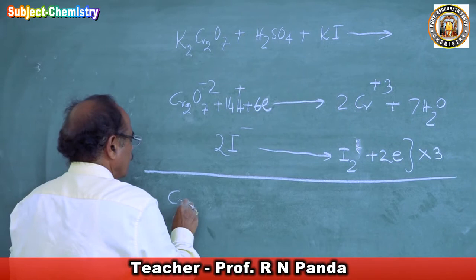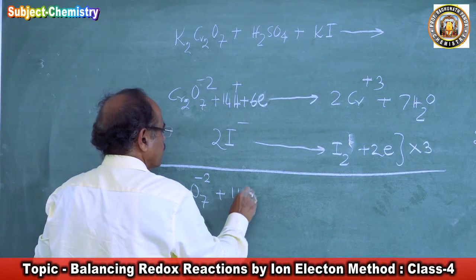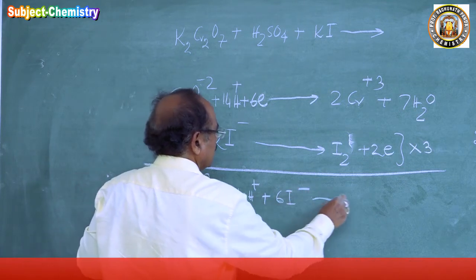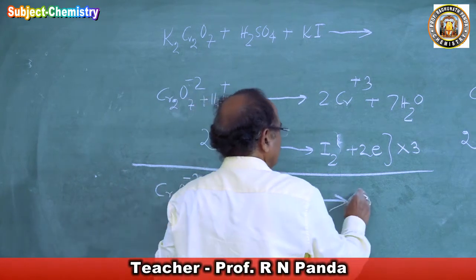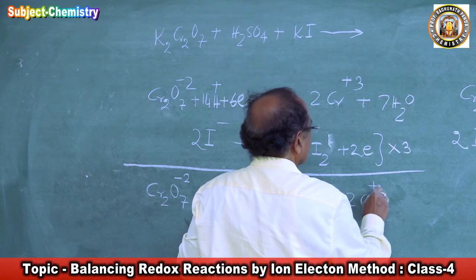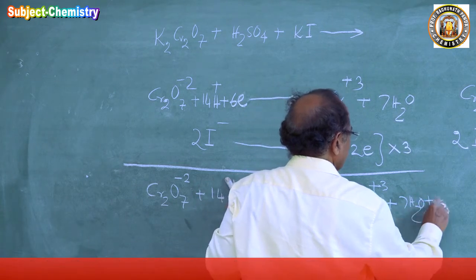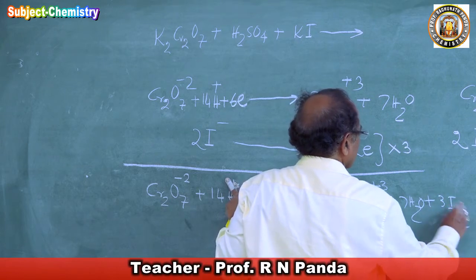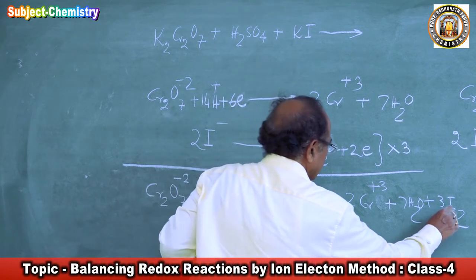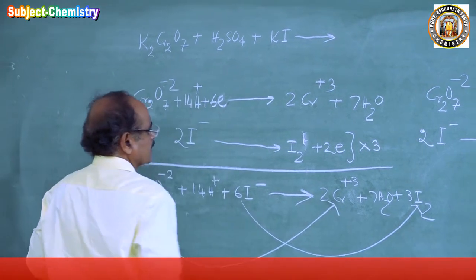So Cr2O7 minus 2 plus 14H plus plus 6I minus will form 2Cr plus 3 plus 7 water plus 3I2. So iodide is oxidized to iodine and potassium dichromate is reduced to Cr plus 3.